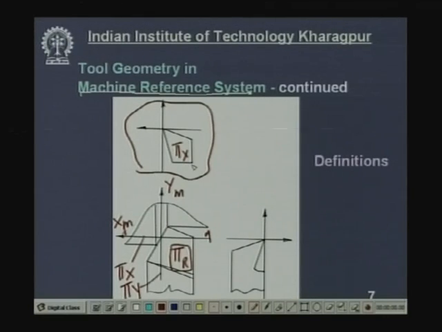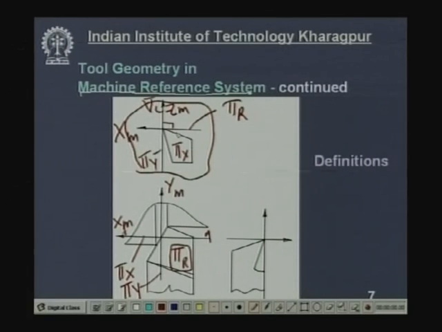This is ZM, the velocity vector, this is XM, and YM is perpendicular to this plane. This is pi r, because it is perpendicular to the velocity vector, and this one is the pi y plane.